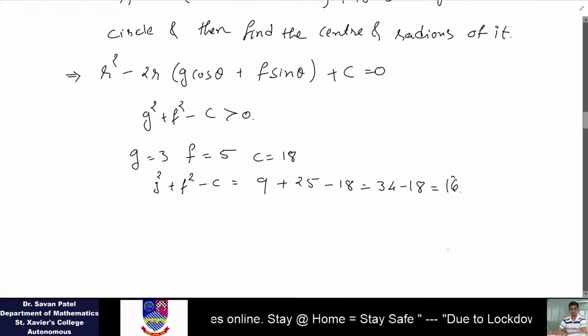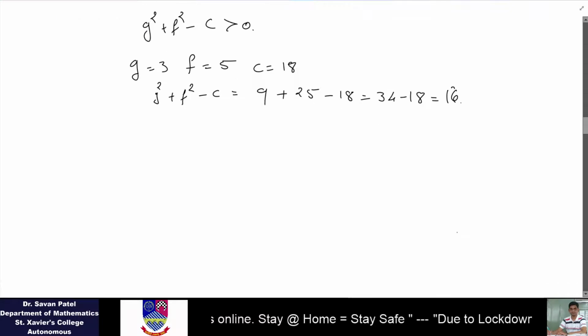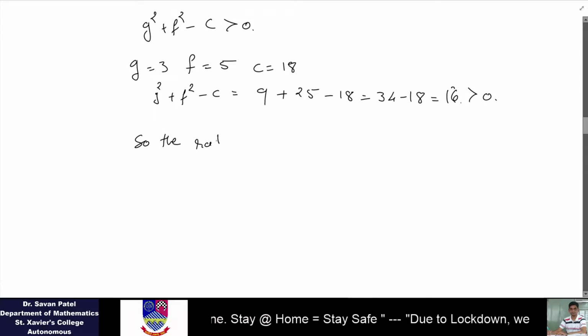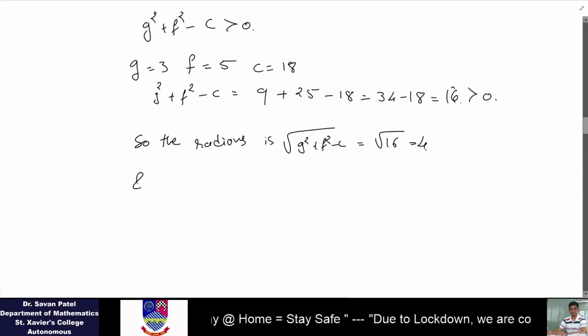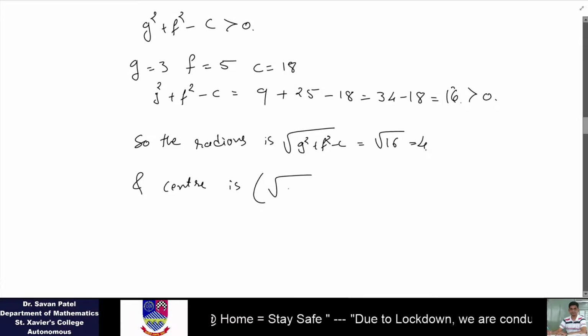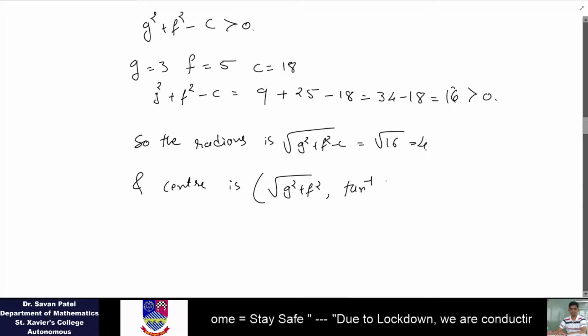So this equation represents a circle, because that is of course greater than 0. So the radius is square root of g square plus f square minus c, that is square root of 16, that is 4, and the center is square root of g square plus f square, tan inverse f by g.